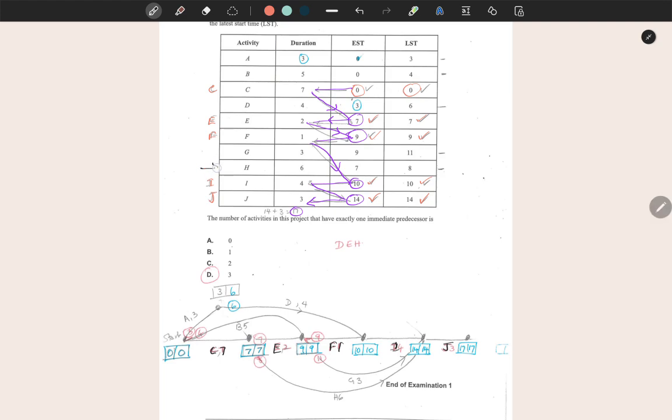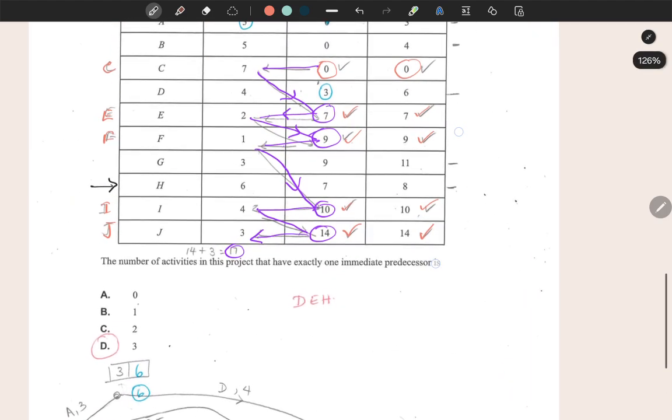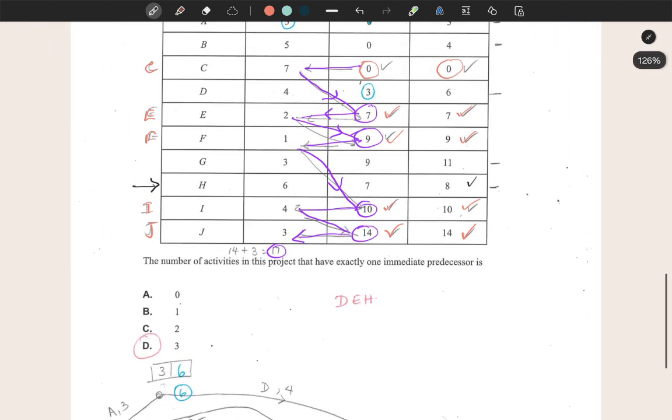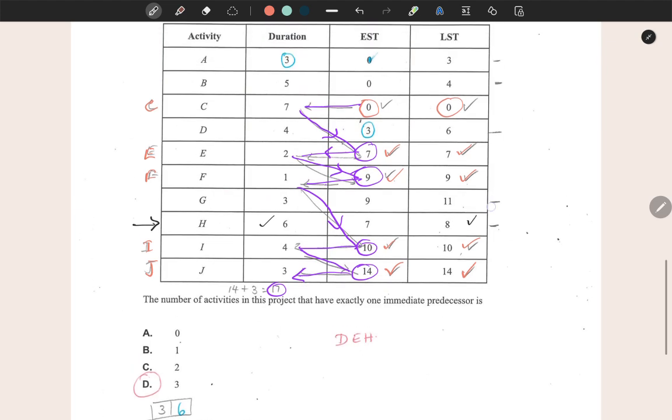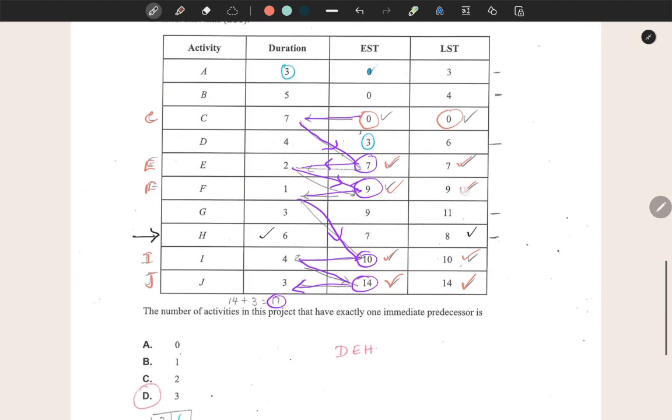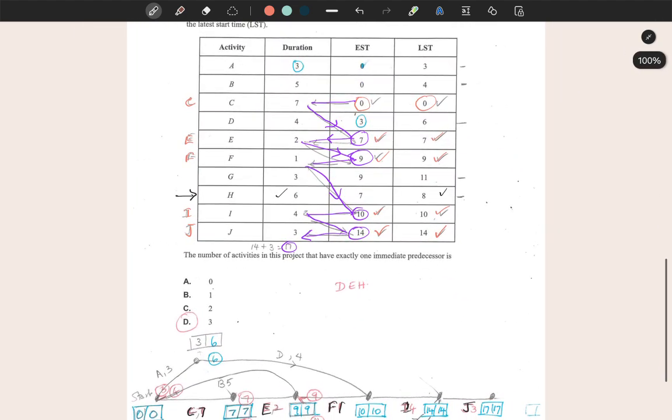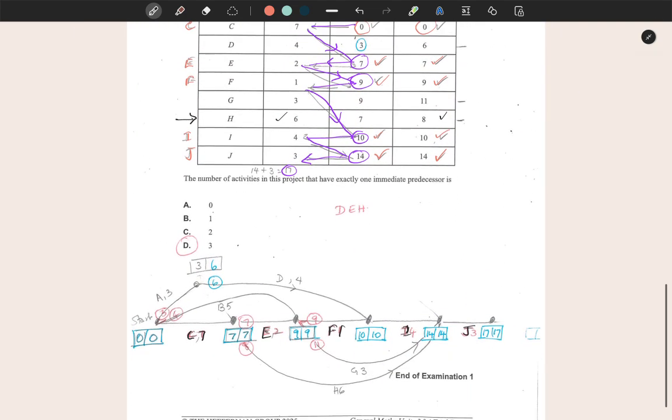So let me start first with activity H. Its latest start time is 8 and its duration time is 6. So if it had started at 8 with a duration time of 6, 8 plus 6 would finish at, I think it's days, 14 days. So let's look where we have this box which says 14, and we draw an edge that goes backwards from there.